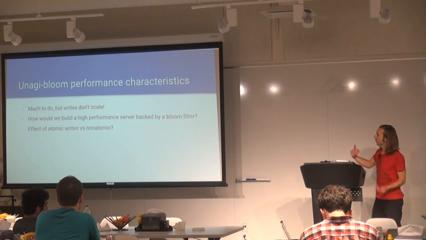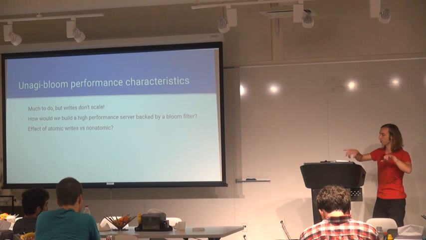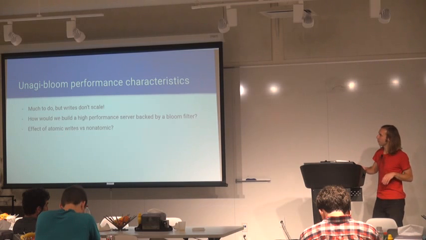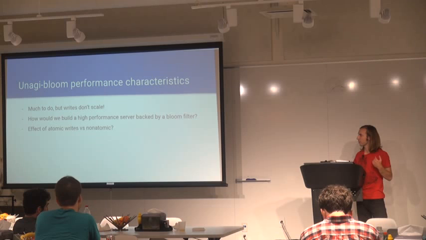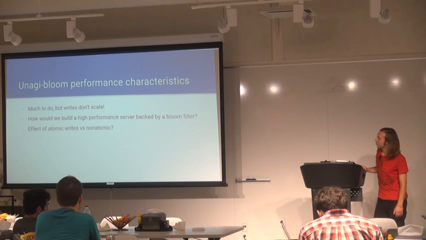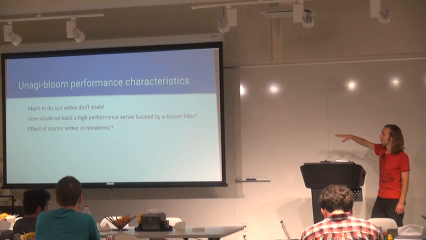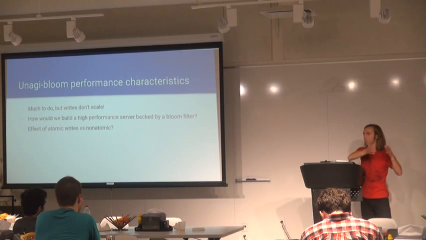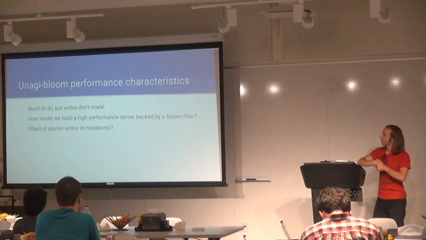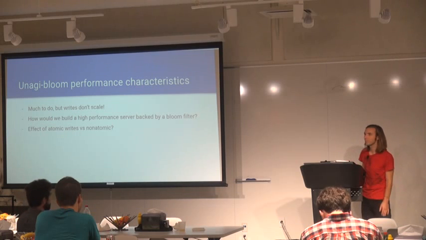It turns out that if you try to distribute your writes over two threads, at the moment it doesn't really help you at all. I think that's because of memory traffic, but it's future work to look into that and think about how you would build a high performance server backed by a Bloom filter. Maybe you'd shard it, or make sure one thread is only responsible for a portion of your Bloom filter.